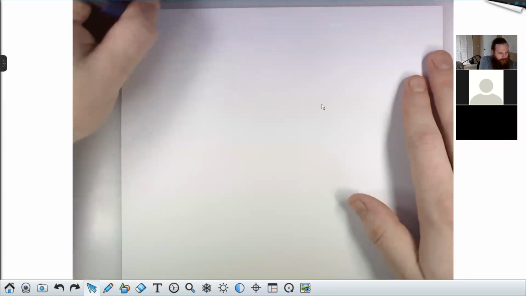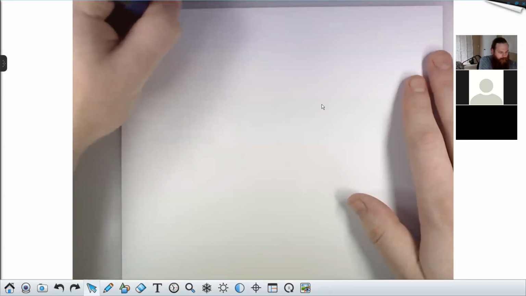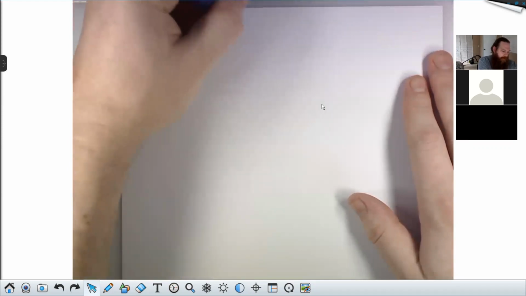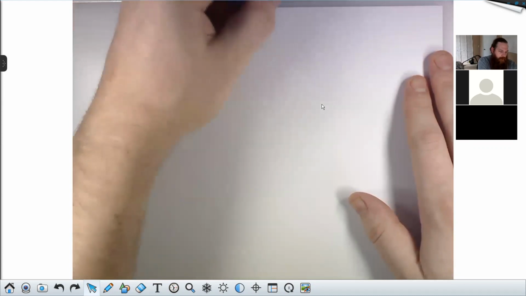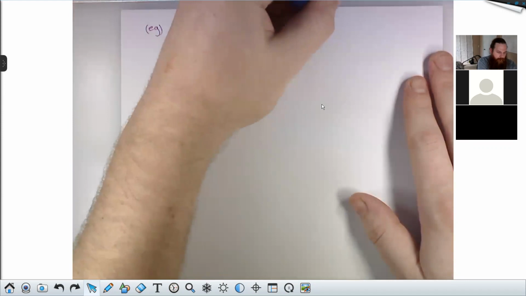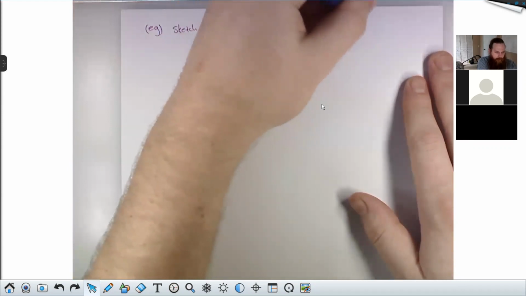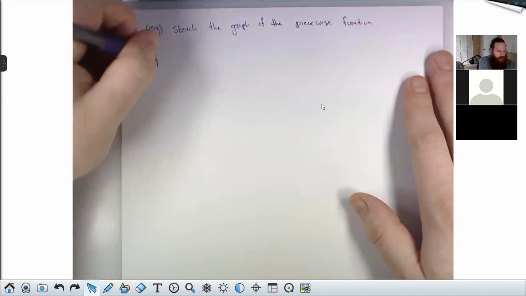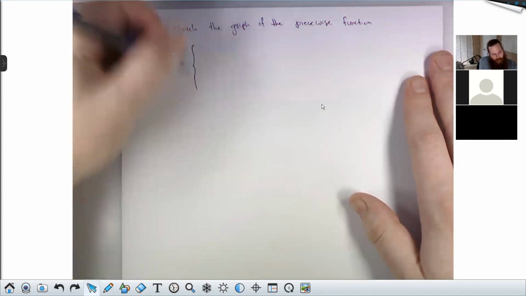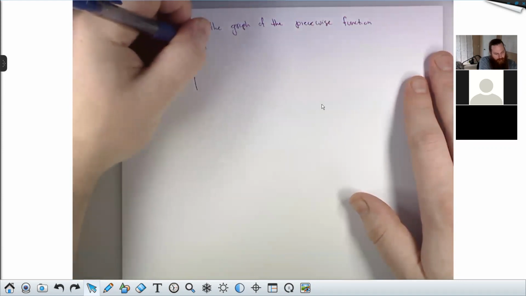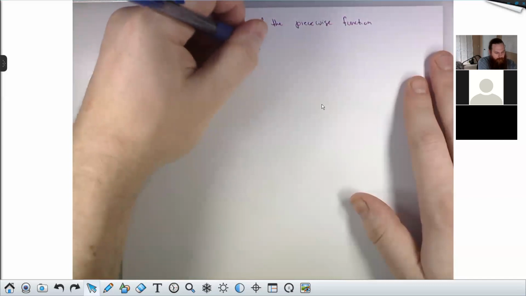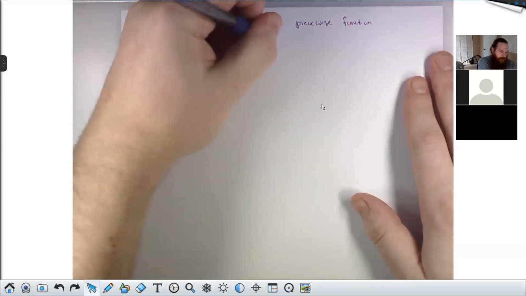So let's say, can we sketch the graph of the piecewise function f of x is, let's say it's -2 if x is less than or equal to -4.